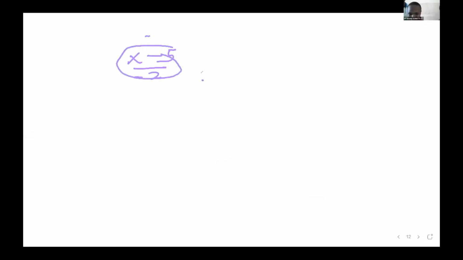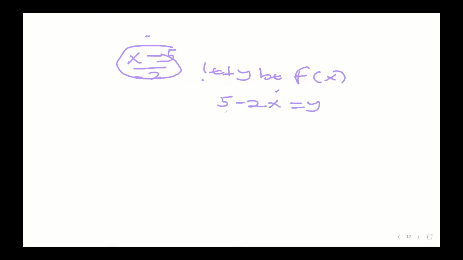If we say let y be f of x, then you put your y at the right side, whereby it will be 5 minus 2x equals to y. You can keep the y there still, but you will see the disadvantage of using this. Then the y will come this side and the x goes the other side. Therefore, 5 minus y equals to 2x.